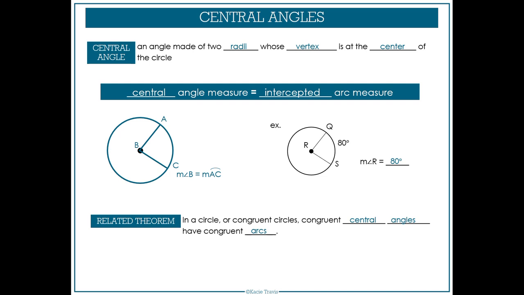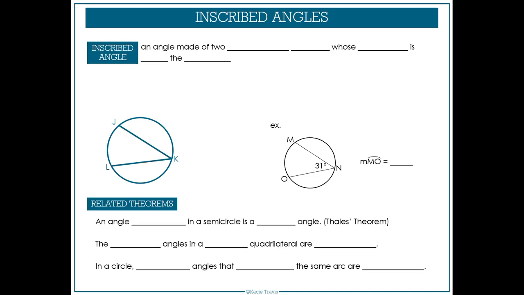All right. Now, our second part, we're going to talk about a new type of angle here. We've talked about central angles, but this time, let's talk about what an inscribed angle is. This is made up of two intersecting chords, so a line that goes from one edge of the circle to the other edge of the circle, and whose vertex is on the circle.